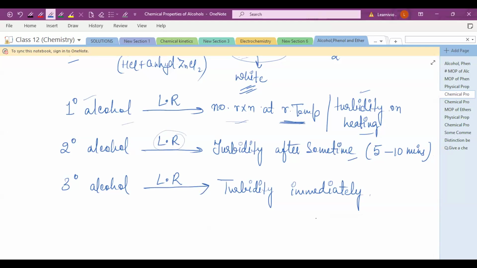So it's a secondary alcohol. Again, we are talking about room temperature. After 5 to 10 minutes the turbidity comes, because RCl is formed. And you know what is the color of RCl? It's white. You will see a white precipitate as turbidity.